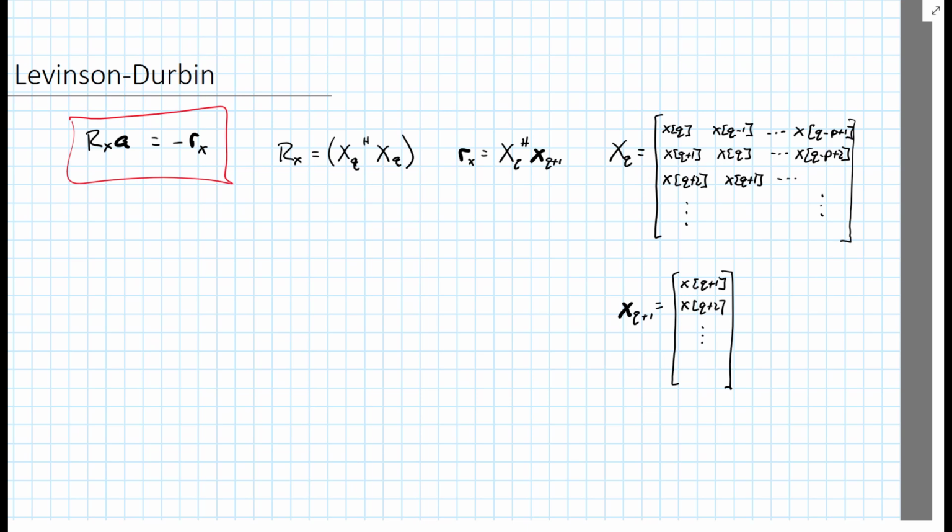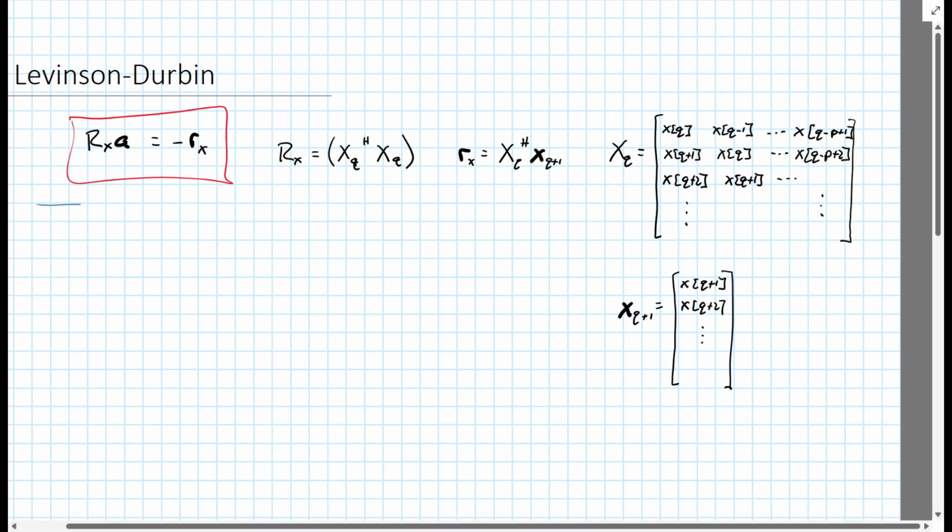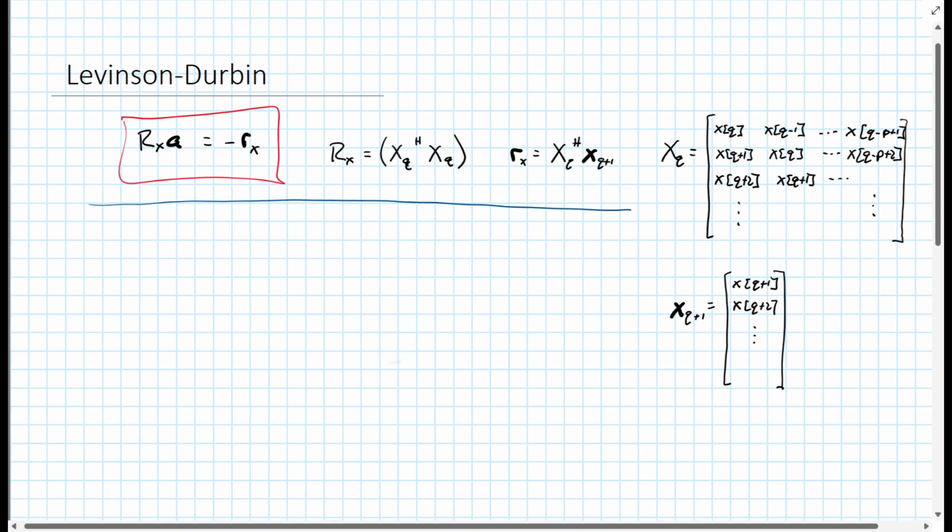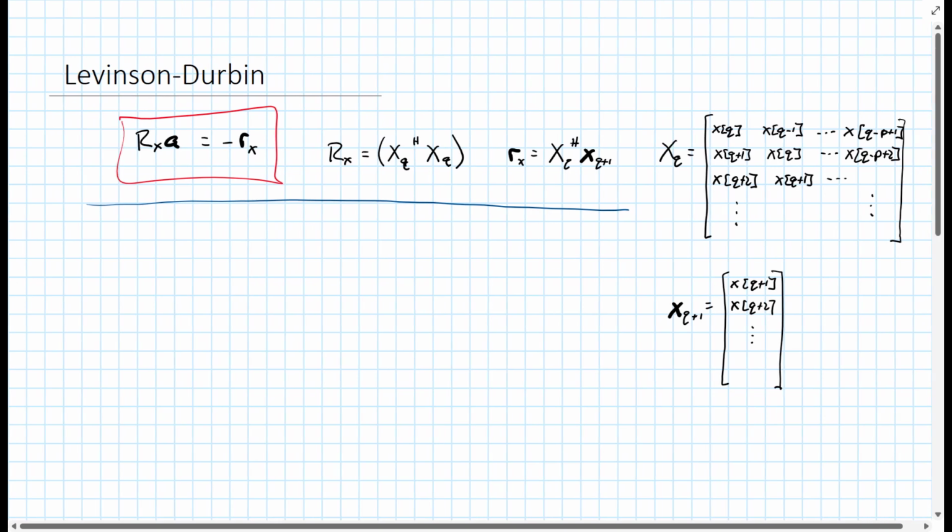So with this context, we're actually going to frame the problem a little bit differently as we start developing the Levinson-Durbin algorithm, and then we'll work our way back.